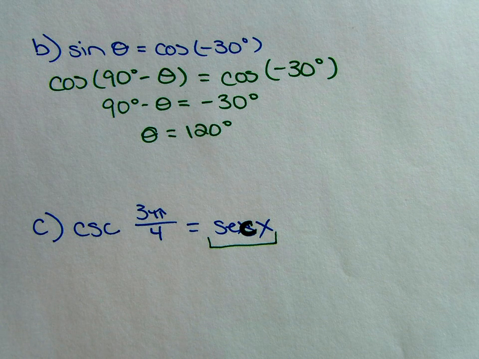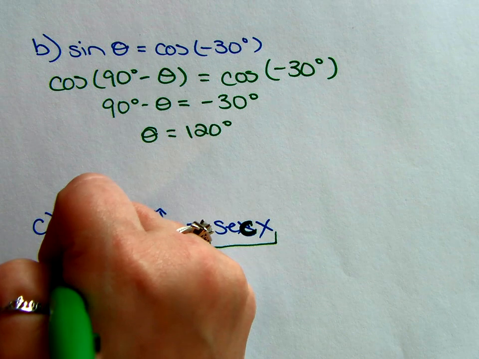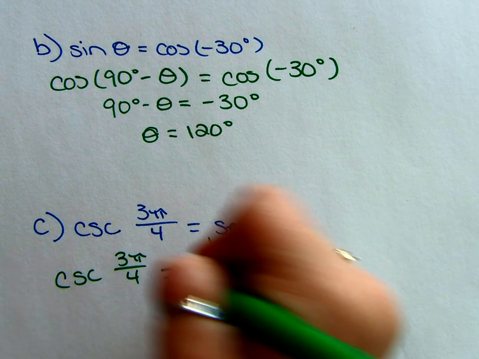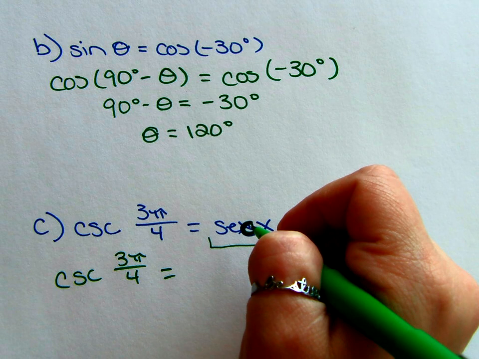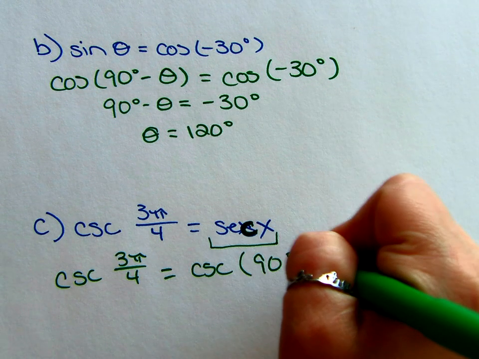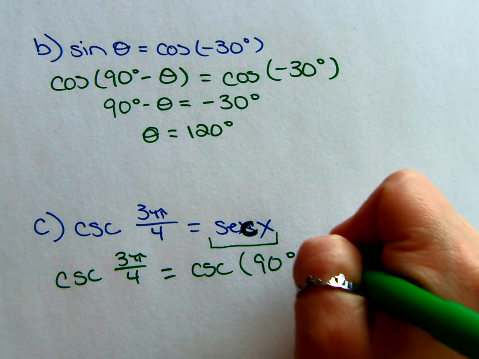So what does secant of x equal based on our cofunctions? Yeah. So this side over here, my left side, I'm not doing anything with. But over here on the right-hand side, you just said that I can change it into cosecant of 90 degrees minus, it says theta, but we're going to change it to x because they gave it to us in x.